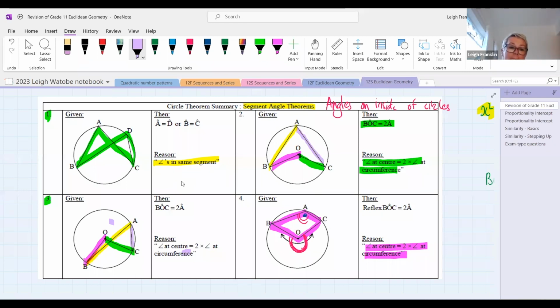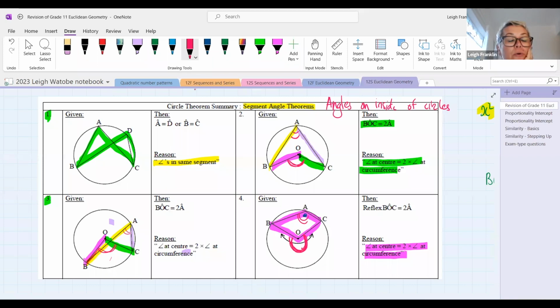Yes, ma'am, but I get the thing, it says the angle at the center is 2 times the angle at the circumference. So I am failing to see that. Okay, what do you not see?